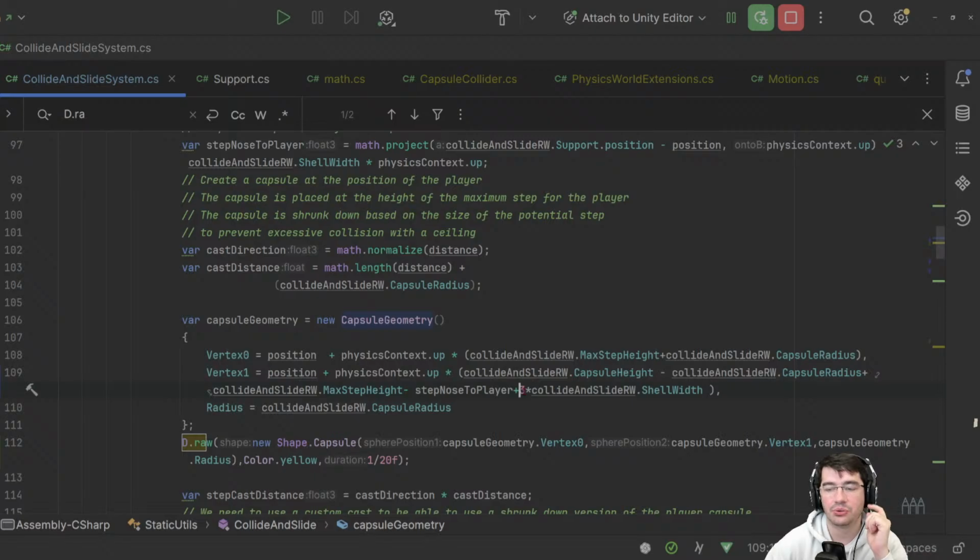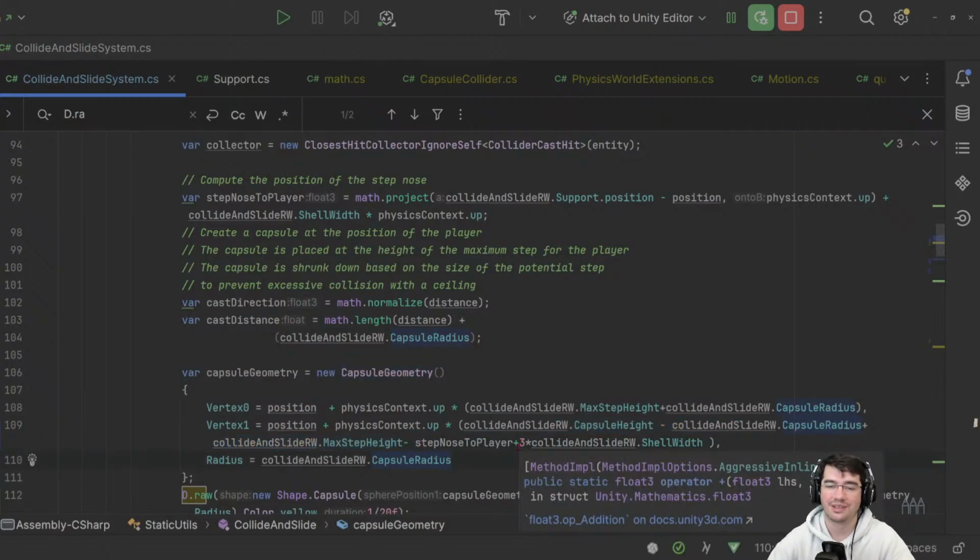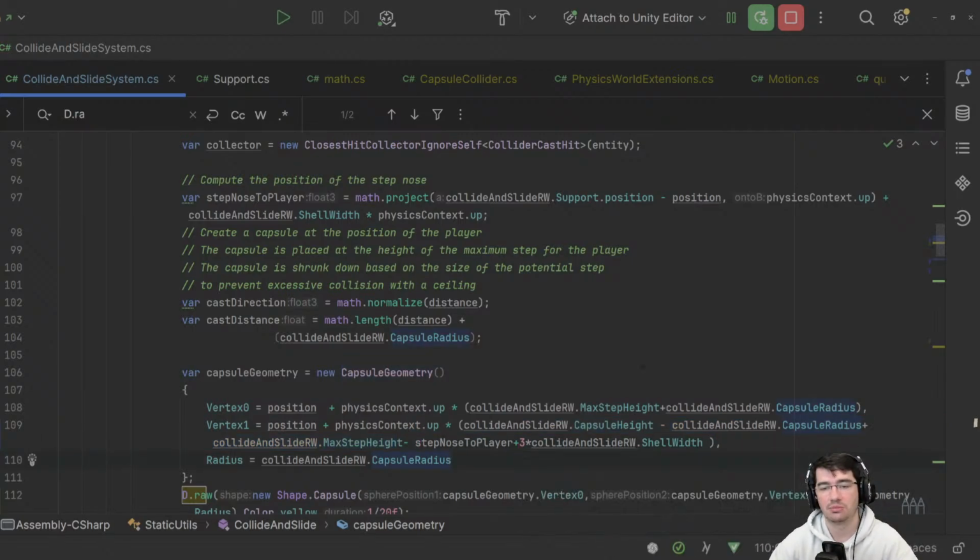So I need to add twice the shell because I have it below and above myself. And the third time is because I already add it here, and since it's a minus, I'm removing it. So that kind of makes sense, maybe.